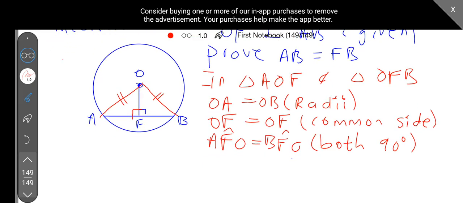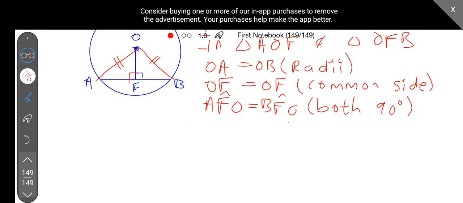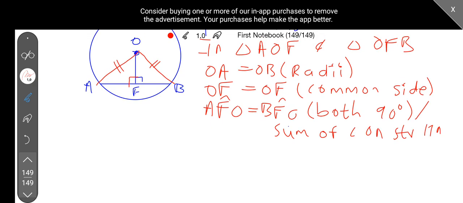So we have done it, right? So if you want to, guys, you can say the sum of angles on a straight line. Some of your teachers will tell you that you can also give that reason. So feel free to use it as well. I don't think they'll penalize you for doing that.